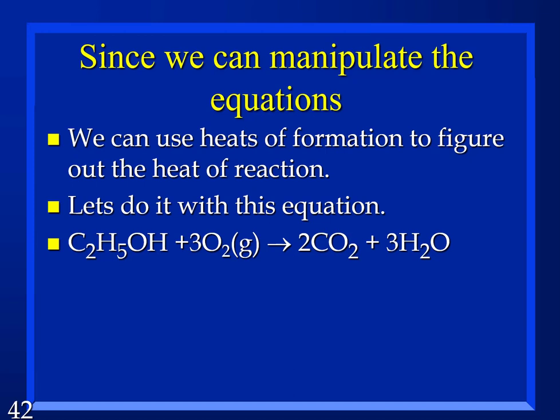So when I look up C2H5OH and I see the negative 278, it's talking about this equation. Do I want to use this equation the way it's written? Well, in this equation, C2H5OH is a reactant. The overall equation is a reactant. So I need to turn this thing around. So in my overall equation, I want C2H5OH making 2 C's plus 3 H2s plus half an O2.